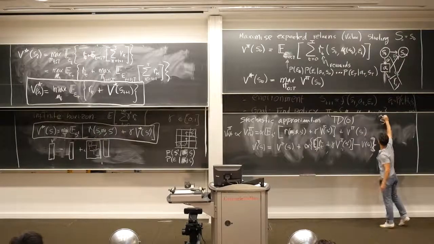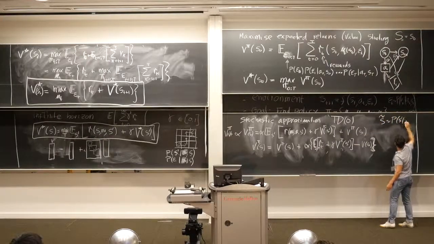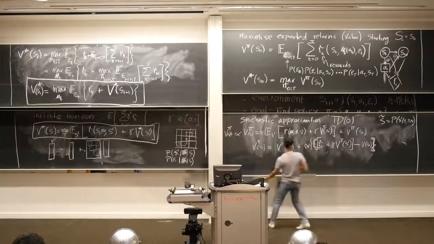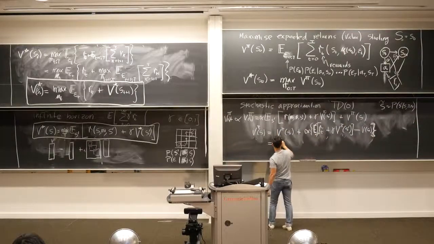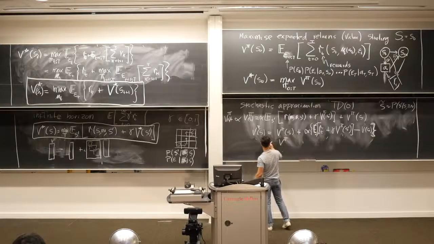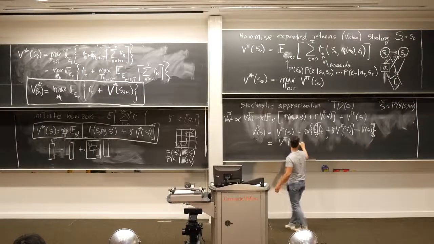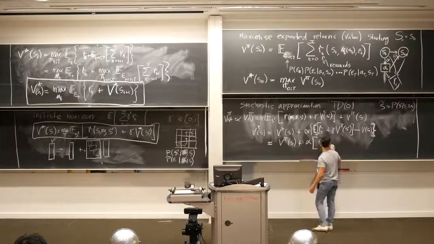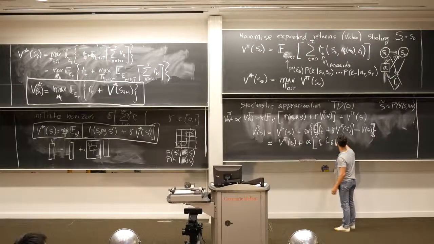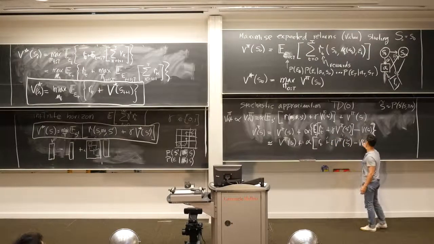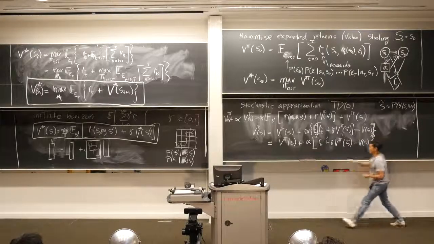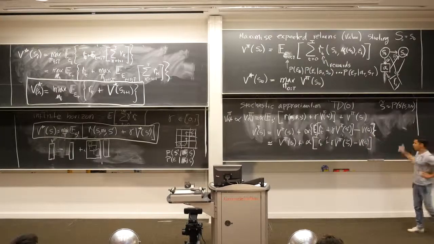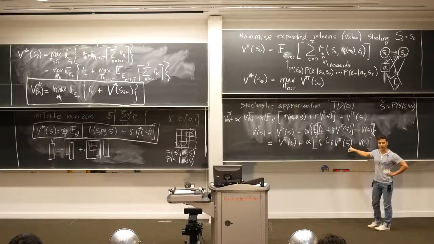So I'm going to draw S tilde from P of S prime given S comma pi of S. And I'm going to approximate this with V pi of S plus alpha times R_t plus gamma V pi of S tilde minus V of S. All right, so I've drawn a single sample from the distribution to approximate this.